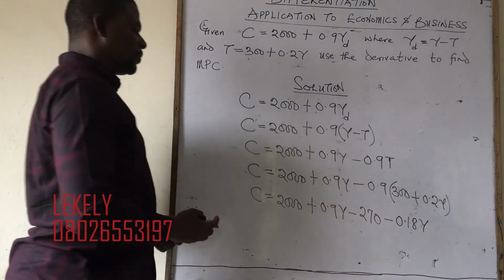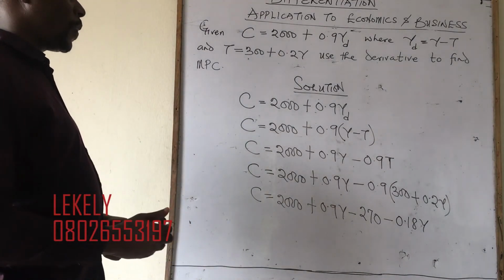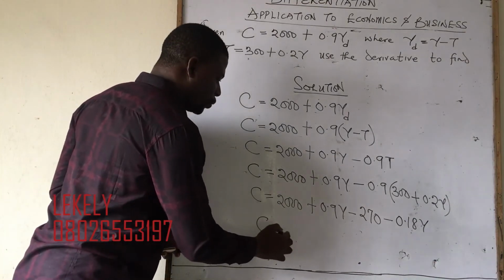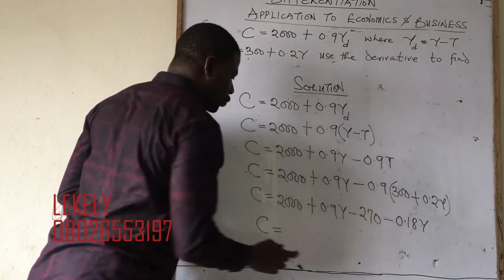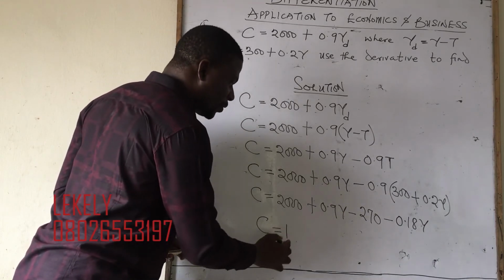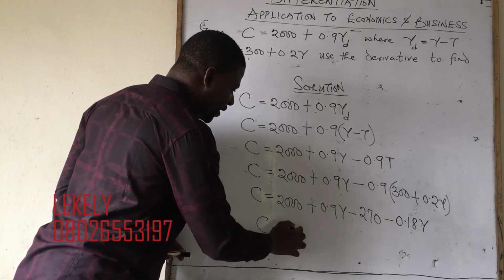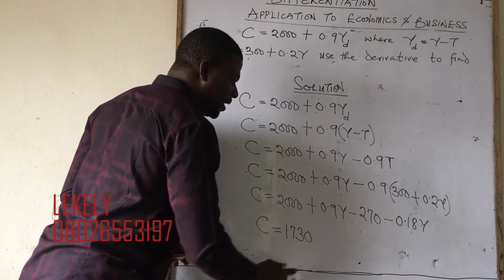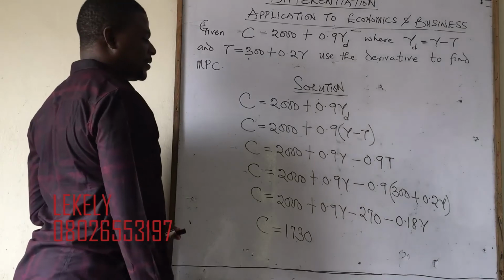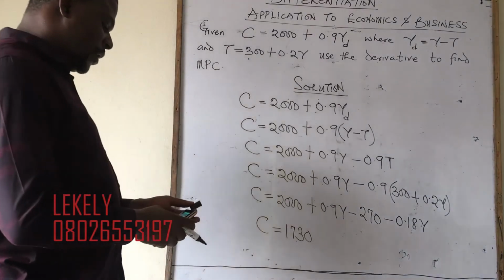You see that? So now your C will be equal to 2000 minus 270, that is 1730.